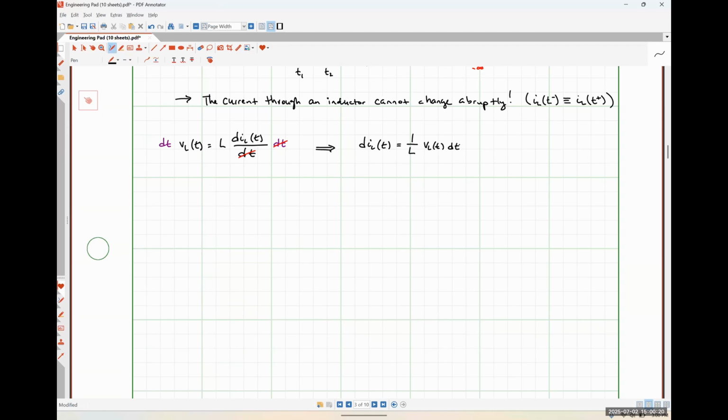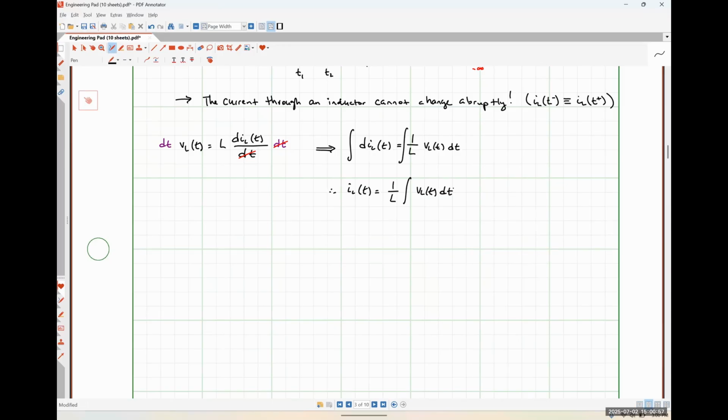And now I'm going to take the integral of both sides. If I integrate this side and this side, the integral of the derivative of my current is just my current. 1 over L is a constant, so I can take it outside the integral. And I'm left with the integral of my voltage with respect to time.